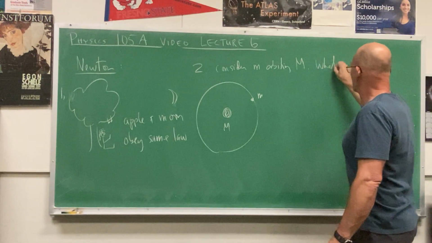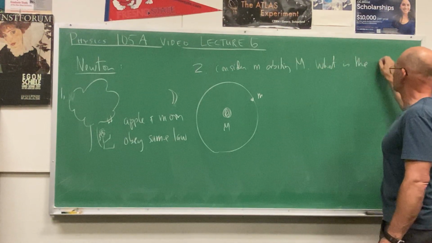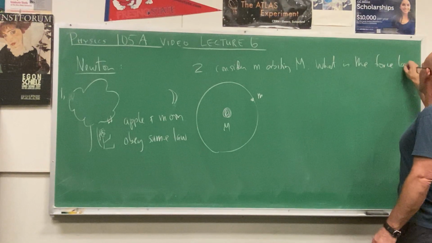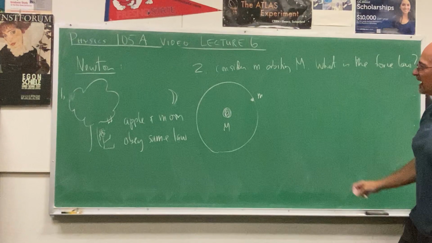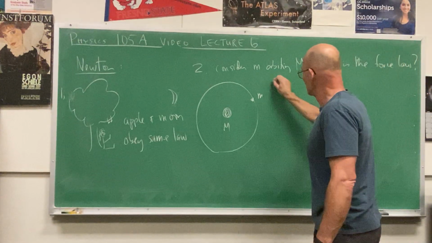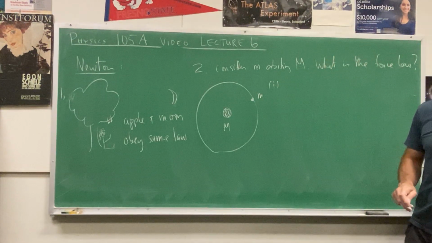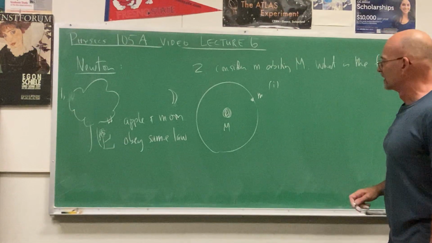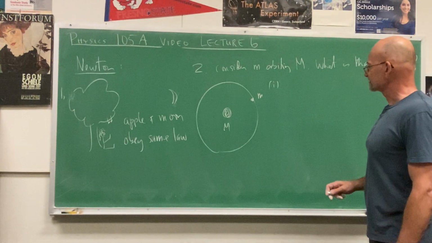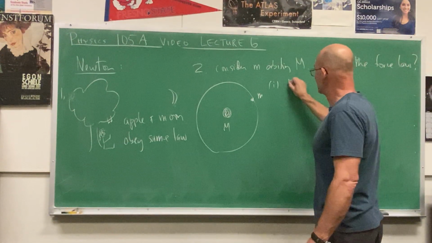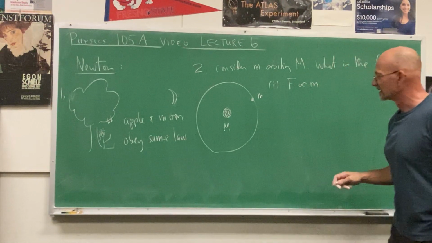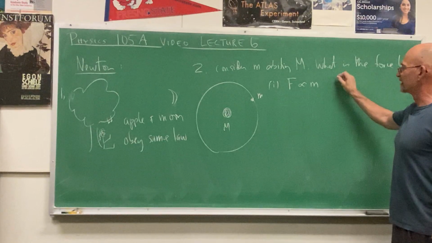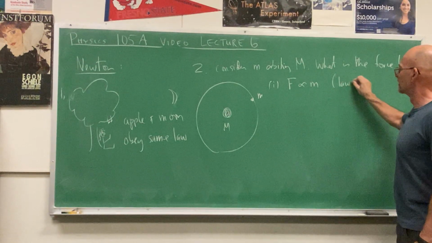So you're going to say, what is the force law? Question mark. What is the force law? And the first thing we would, if we were Isaac Newton, the first thing we'd do, the force has to be proportional to m. And that's simply the law of free fall.